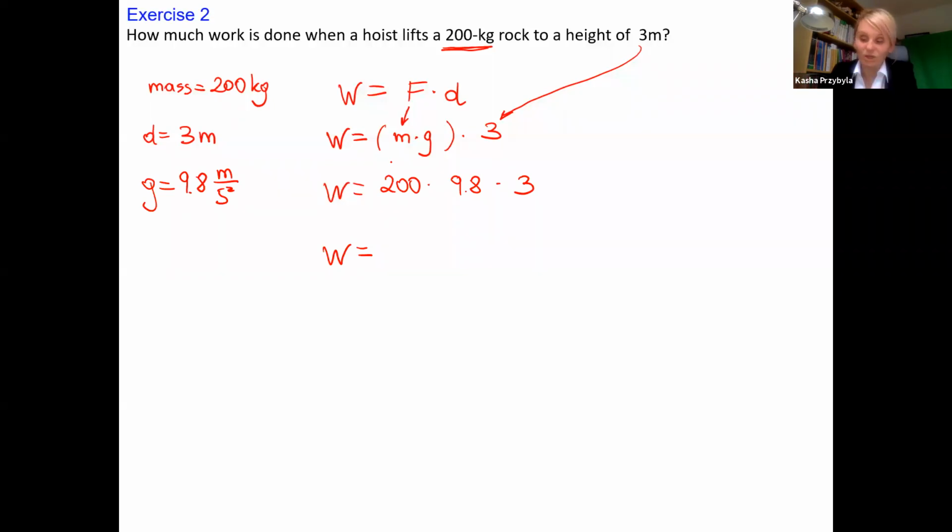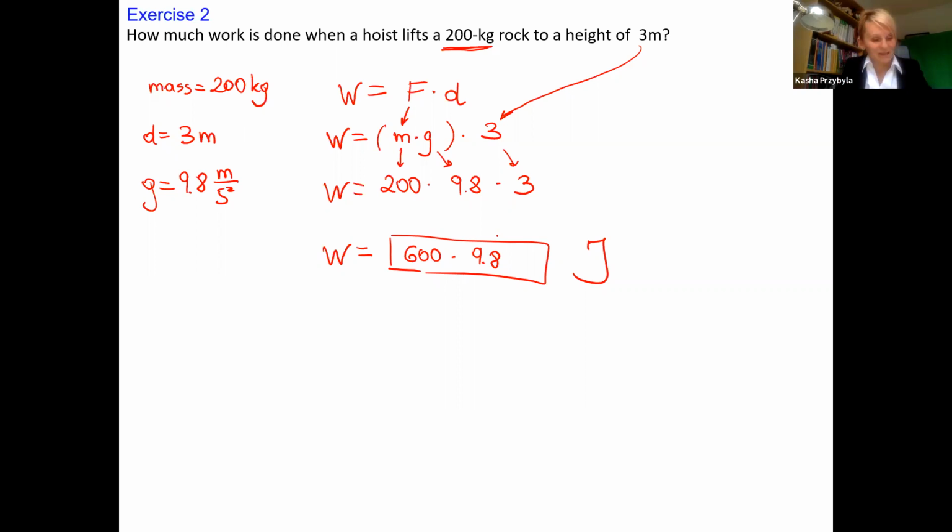We can just skip the units, and we know that if it's metric, the work is in joules. That means you can put the value and put joules. Or maybe this way, 600 times 9.8, because I can multiply 200 times 3. Okay, makes sense? Good question for the quiz.